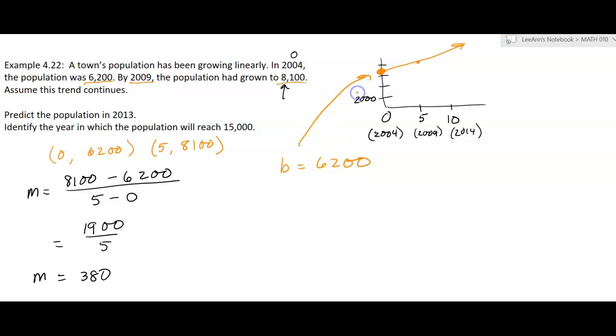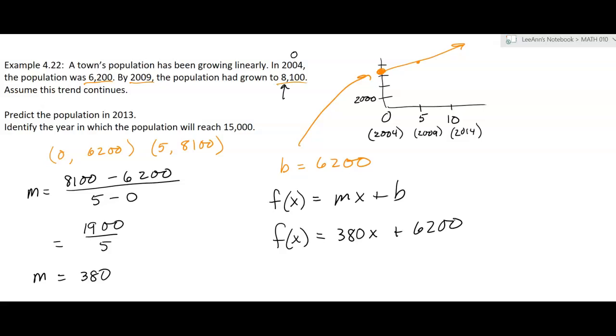So my equation is going to be f of x equals mx plus b. Well, my slope is 380, and my y-intercept is 6,200. Okay, now I have a model that I can use.